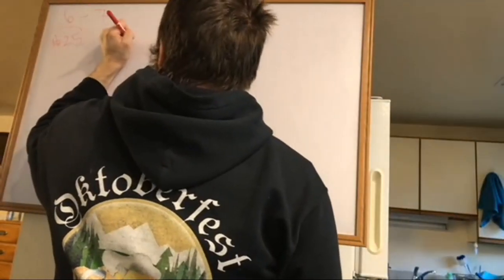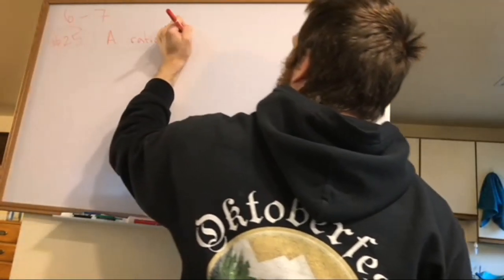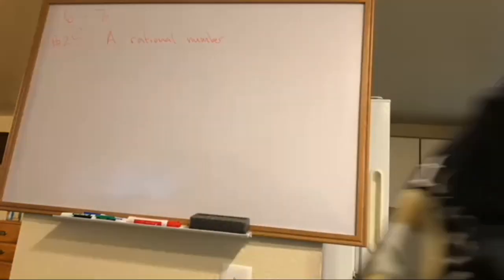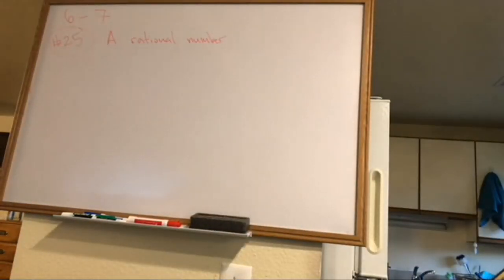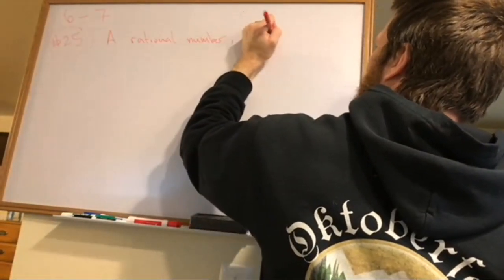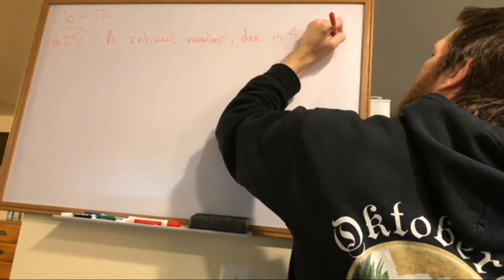Okay, here we go. A rational number. I'm going to write it as number, a rational numeral. Who says that? Nobody says that. All right. In a rational number, the denominator is 8 more than the numerator.